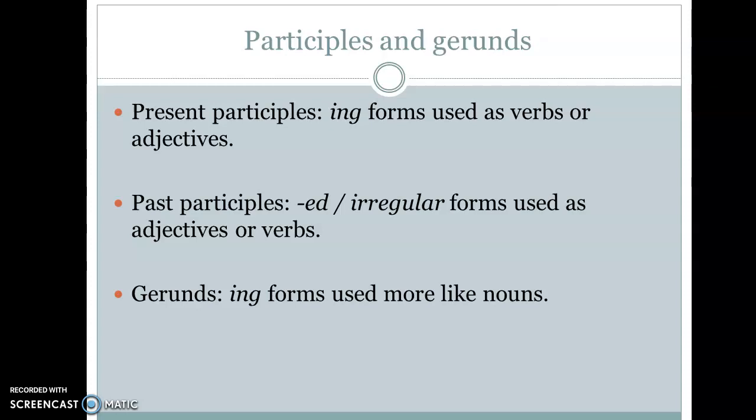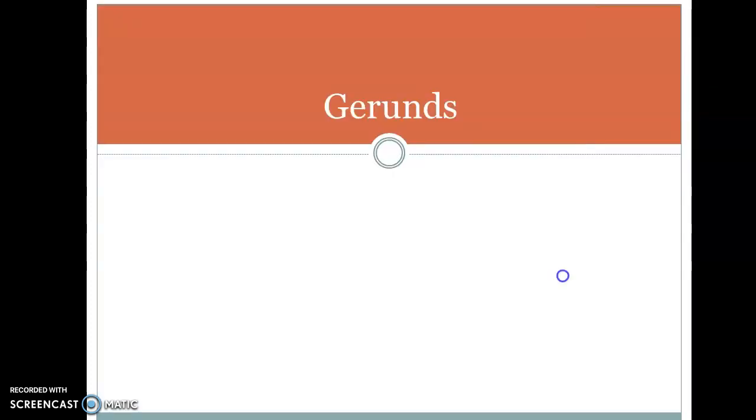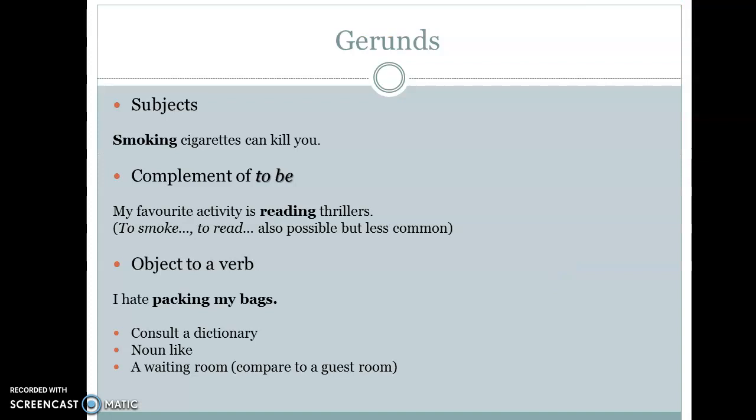Gerundial forms, that is also the ing forms, are used more like nouns, so we will see them in positions that would normally be filled by nouns. Gerunds, as I said before, function as subjects or complements of the verb to be or objects of a verb.